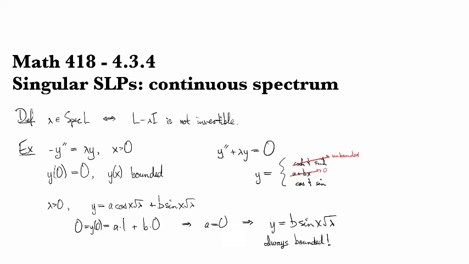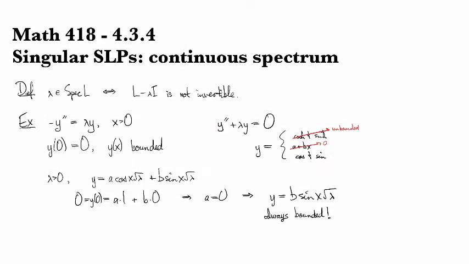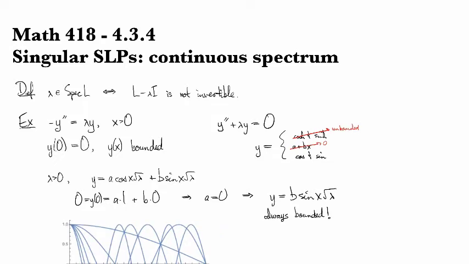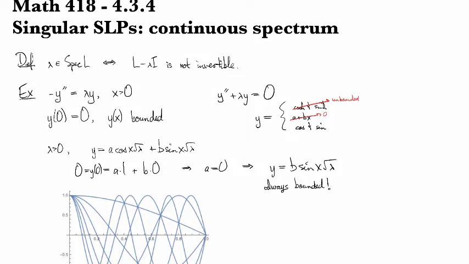And so the way to think about this is that in the standard case, when you're looking for the eigenvalues, think of it as sort of a problem where you have to line things up just right. So I'm dropping this picture here because this is a picture of the kind of eigenfunctions that you get when you have requirements of y of 0 equal to y prime of 0 equal to 0 and y of 1 equal to 0.